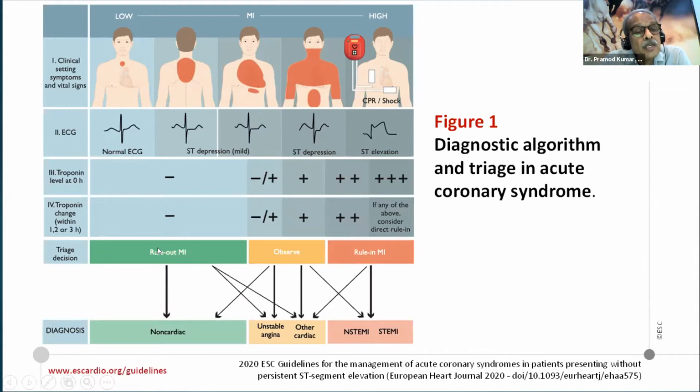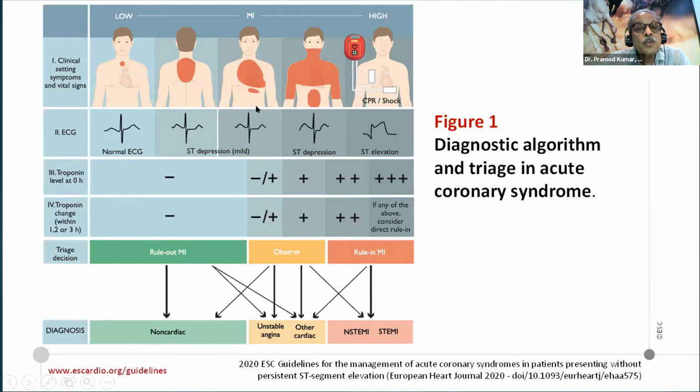This is a group where you have to rule out MI. The whole purpose of triaging such patients is to establish two things: a high risk, very high risk non-ST MI and ST elevation MI. The first two pictures are of low probability, so they don't need anything else. Probably they are non-cardiac, but if risk factors are there, they can be subjected to further non-invasive testing.